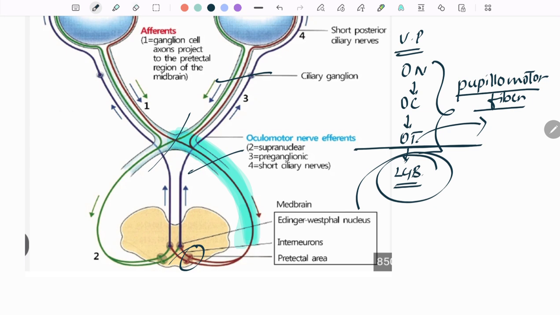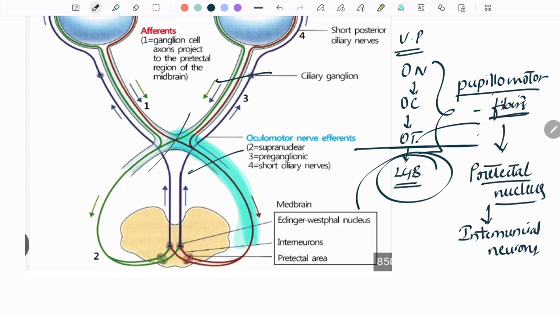After reaching the pretectal nucleus, from the pretectal nucleus, internuncial neurons start to arise. Okay, see, this is the pretectal nucleus, and from the pretectal nucleus internuncial neurons are arising. As you can see, there are two internuncial neurons.